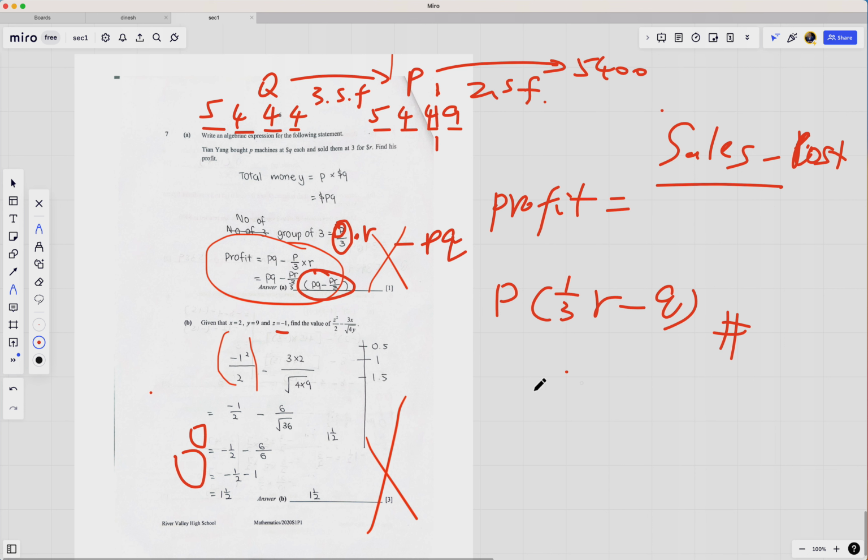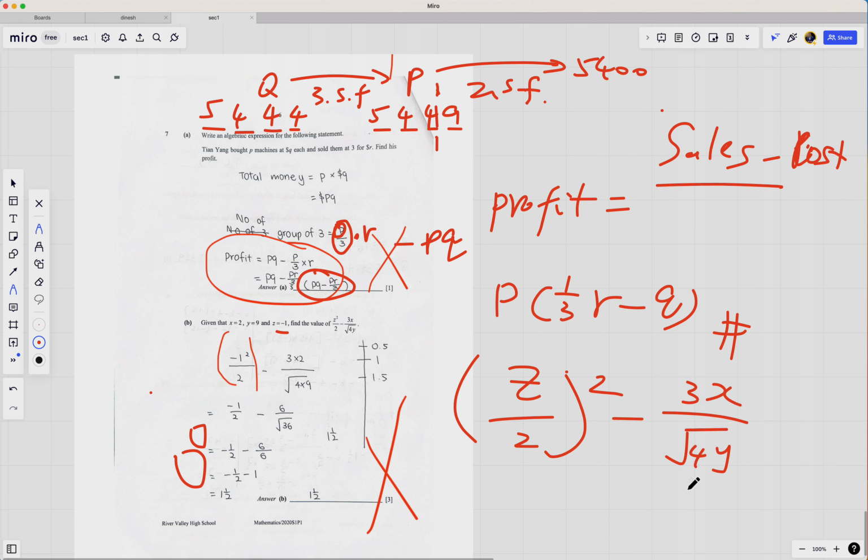Okay. Then for this question, this is a major mistake. Z is -1. So in this case, you have to put the Z in a bracket. You need to put -1 in bracket. If you don't, it's wrong.